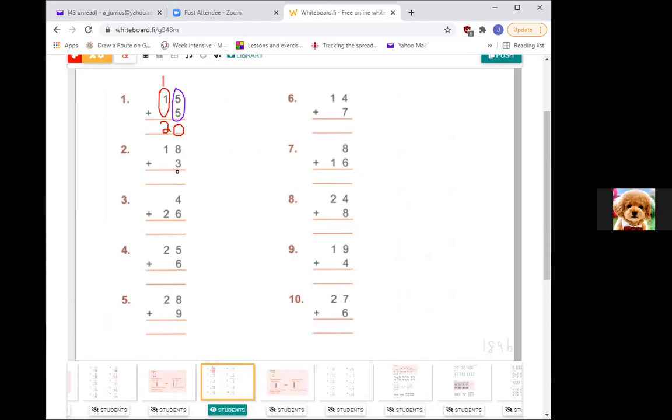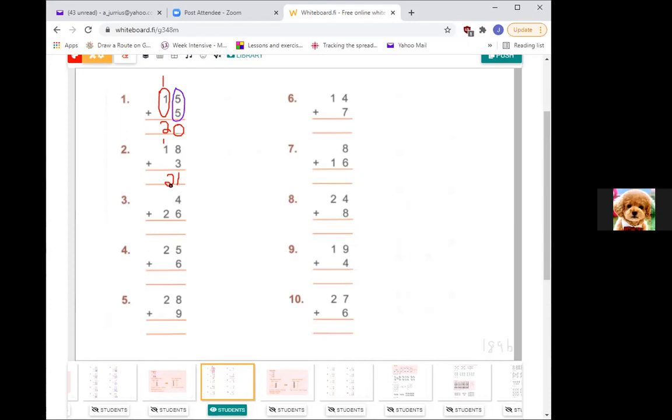I thought it was minus. 8 plus 3 is 11. So you write down the 1 and you carry the other 1. What's 1 plus 1? 2. That's right. So the answer for 18 plus 3 is 21.